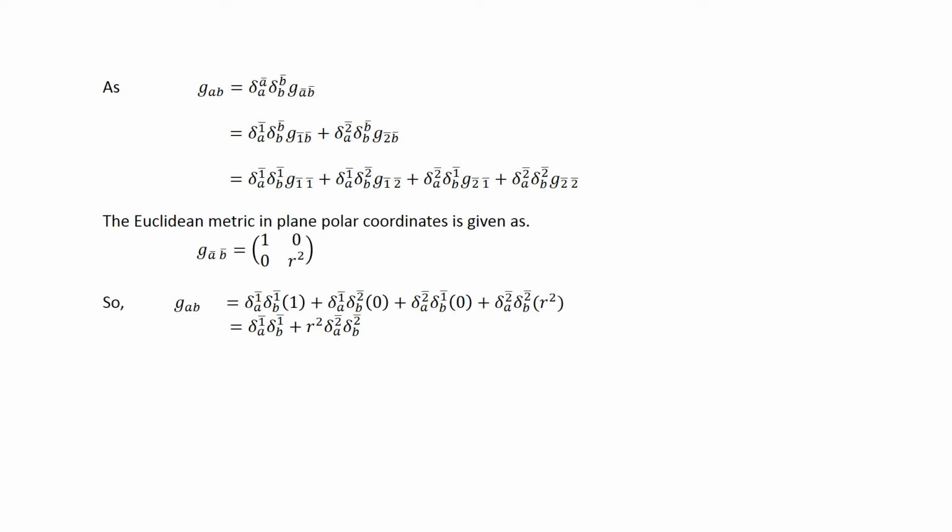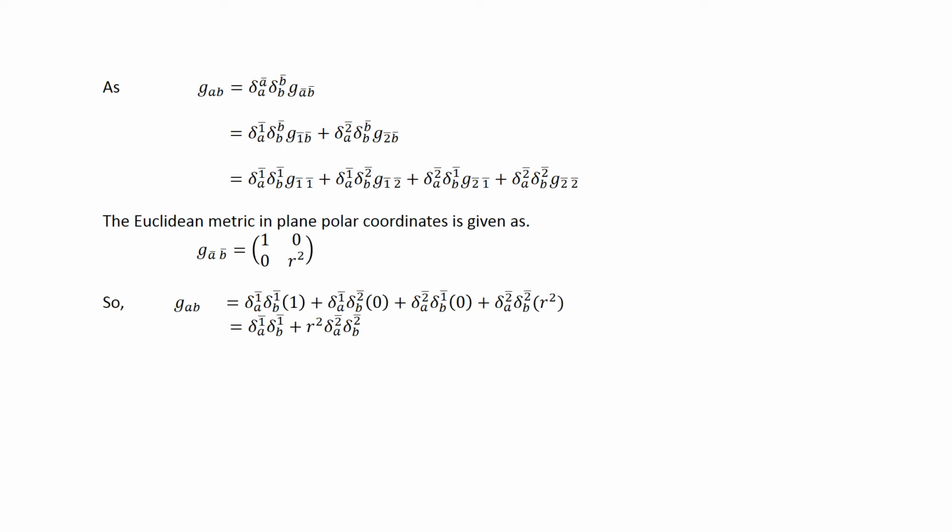One thing more here: the first entry in the matrix, which is a 2 by 2 matrix, is 1 1, the second entry is 1 2, the third entry which is 0 is 2 1, and the fourth entry which is r square in this matrix is 2 2.